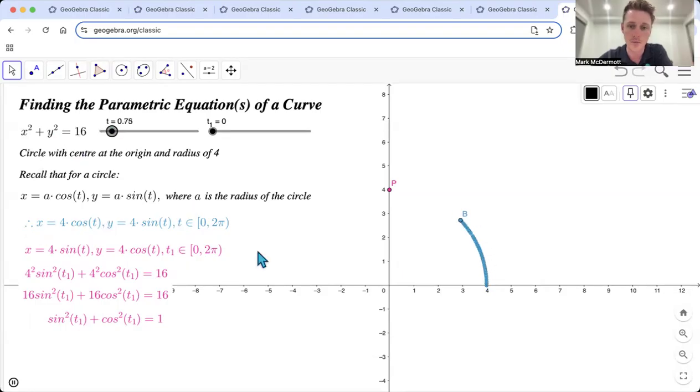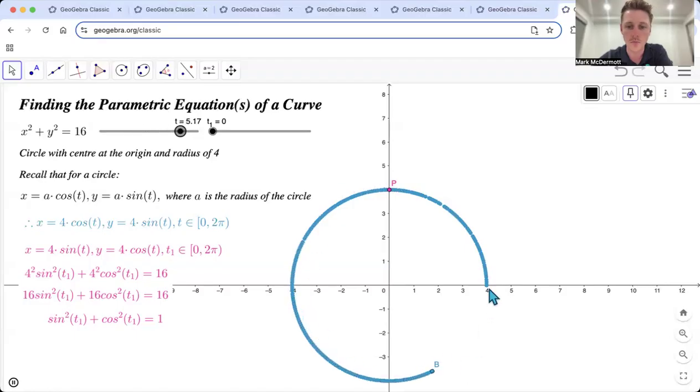So this point B is parameterized in blue. Let's let that play. And you'll notice that it starts at 0 and goes around to 2 pi. But P also just travels in a different direction.